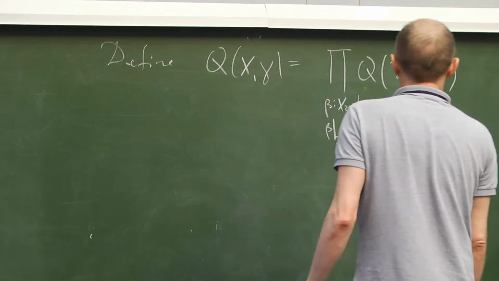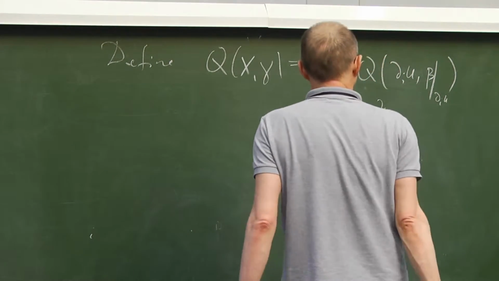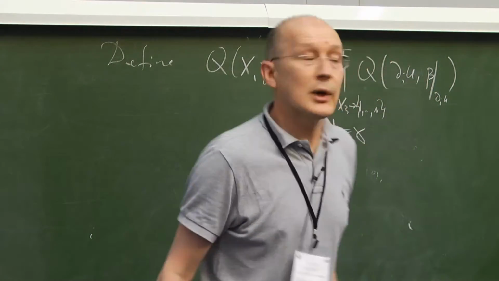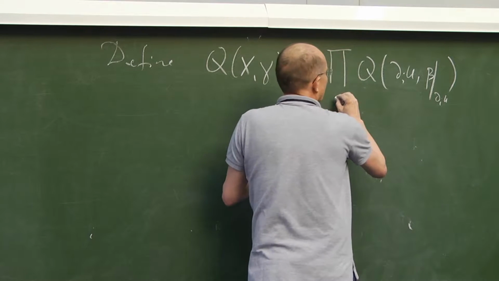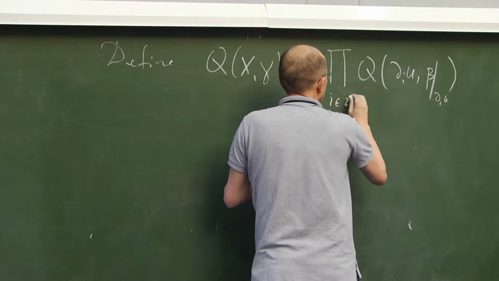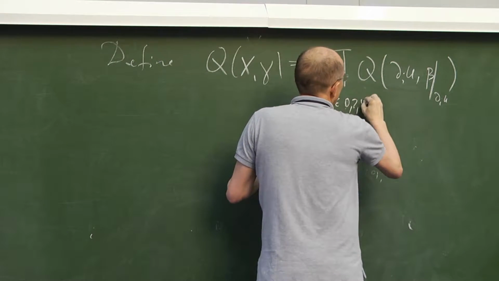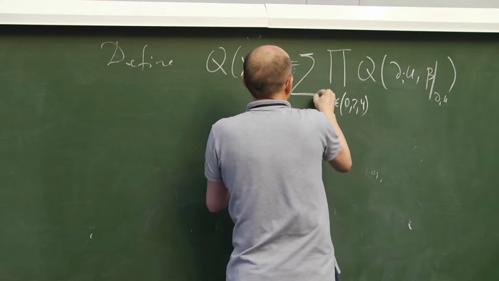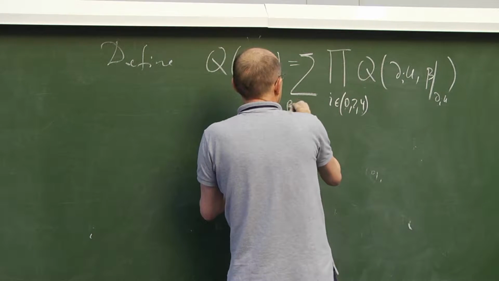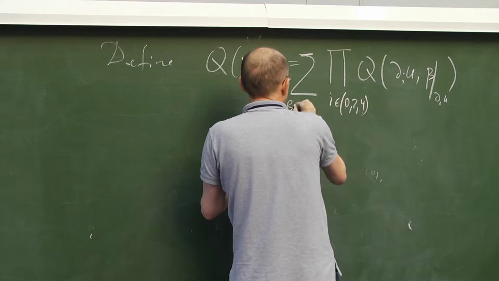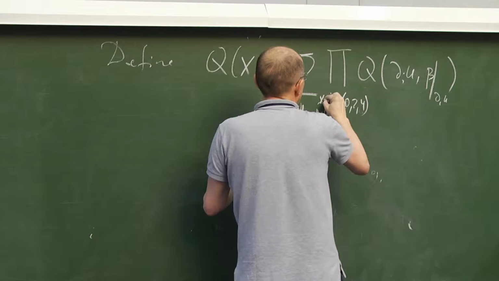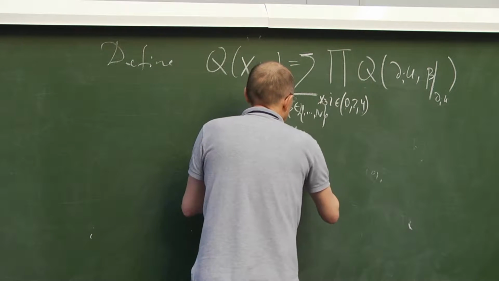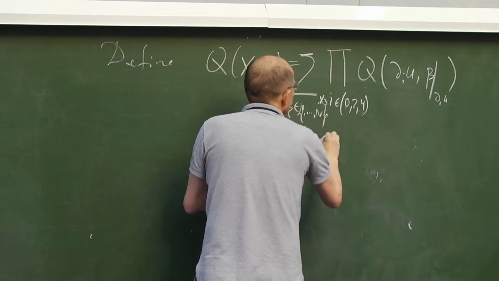Right? And, sorry, this is the product over i in 0, 2, 4, and the sum over beta in the index set to the power X_3, and beta restricted to Z is gamma.